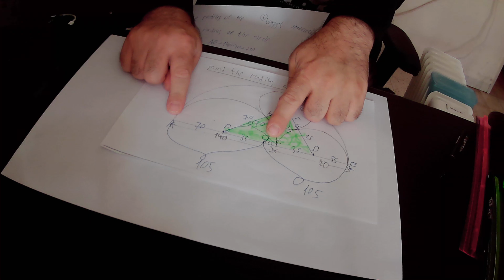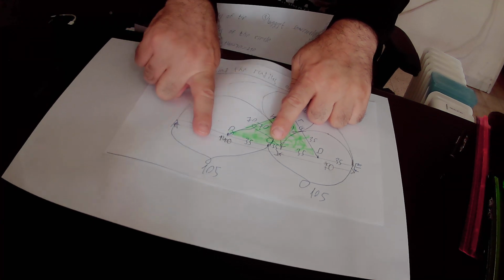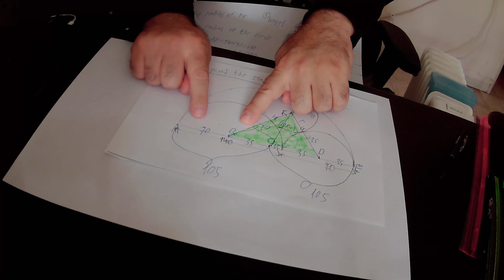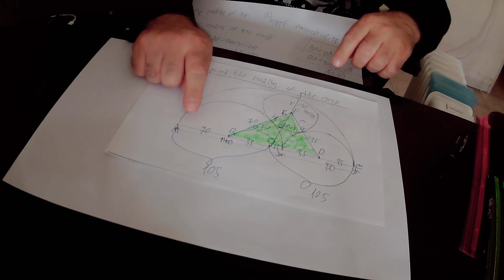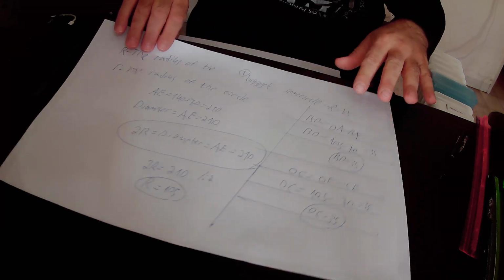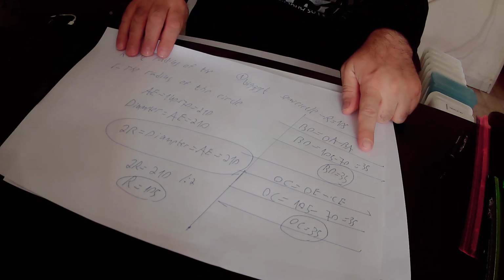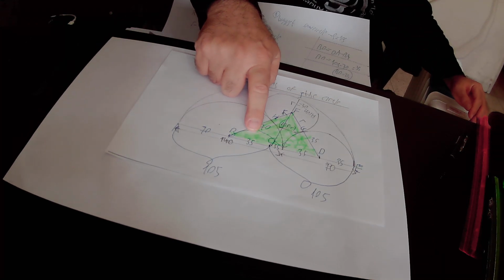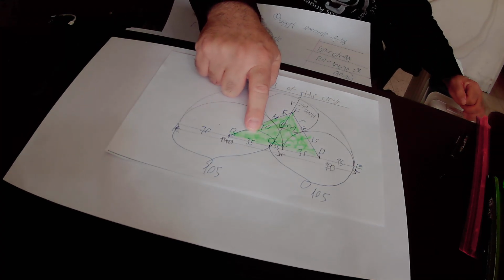OA is the radius of the biggest semicircle, that is equal to 105 units. BA is the radius of this semicircle, that is equal to 70 units. Therefore, BO equals 105 minus 70, that is 35 units. We found that this line segment BO equals 35 units in its length.